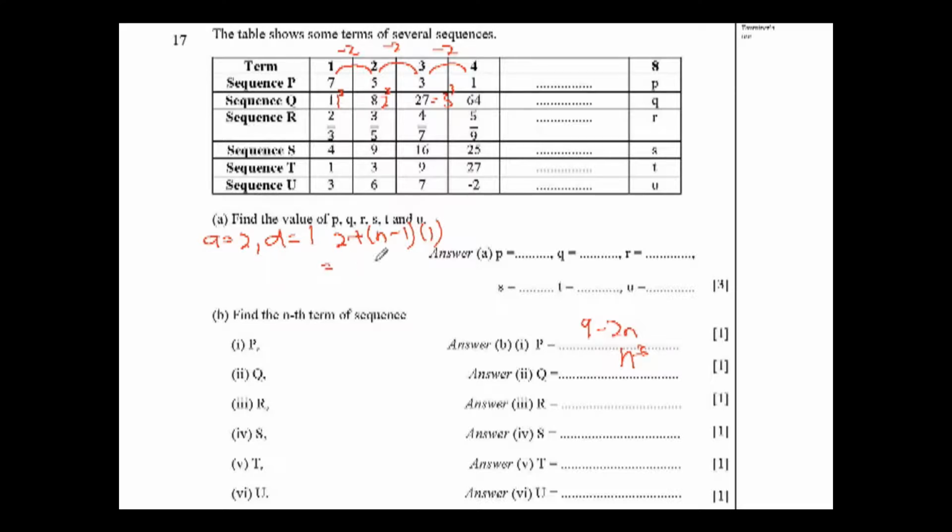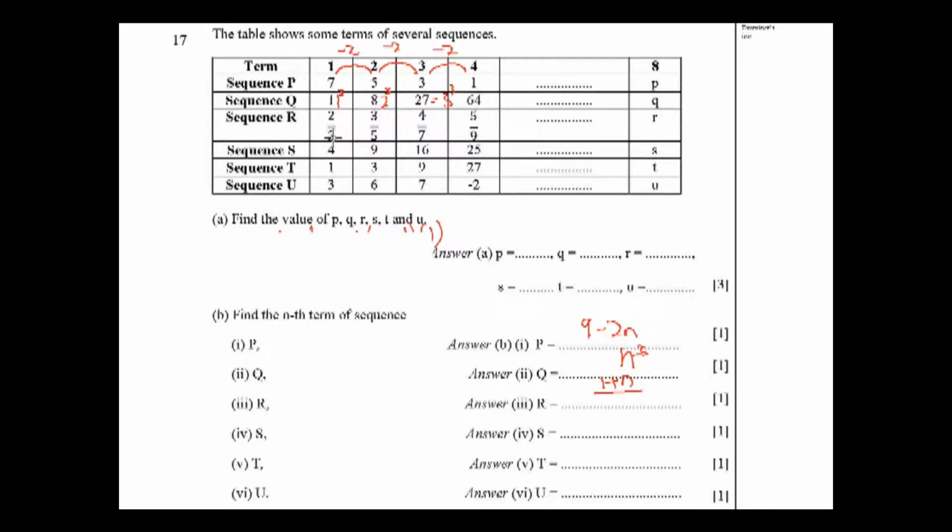We expand and simplify, then we get 2 plus n minus 1, which is equal to 1 plus n. So the numerator for the nth term should be 1 plus n.